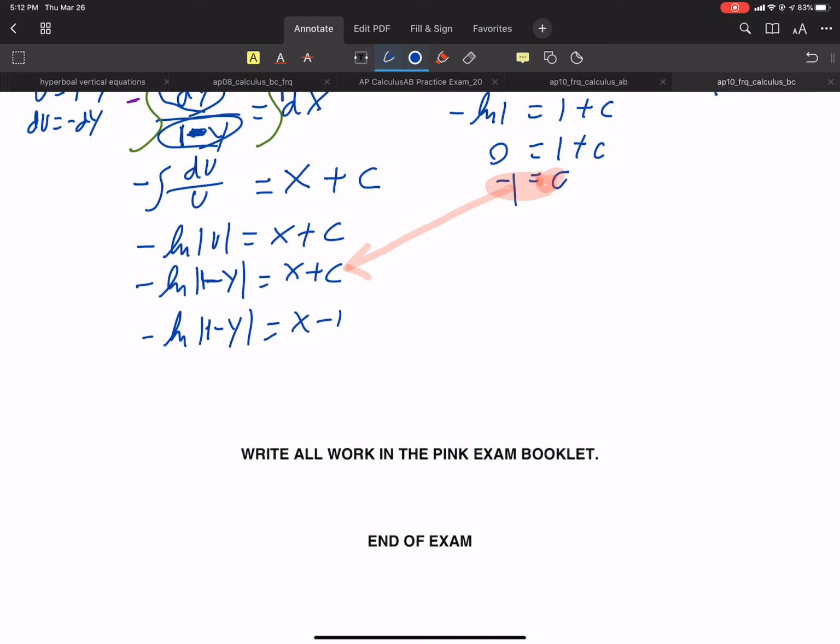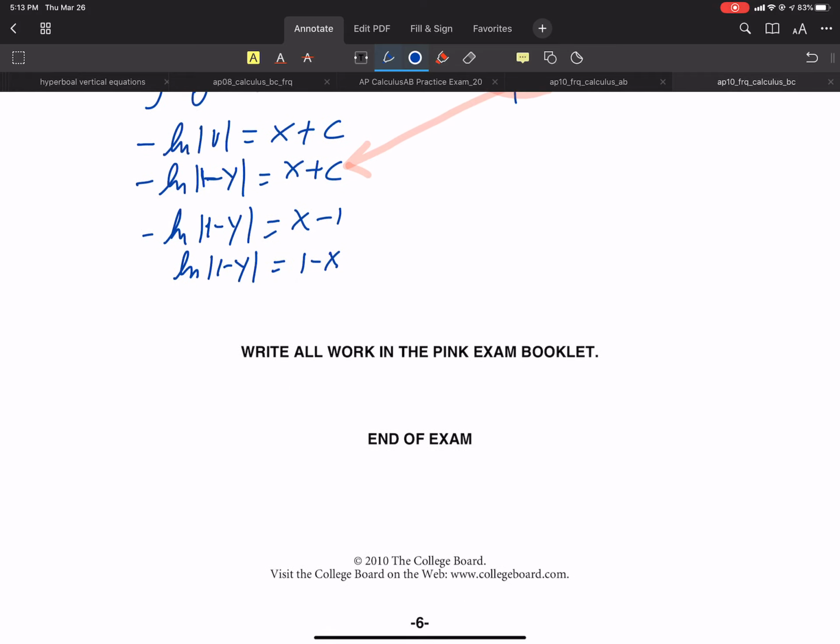Now we have to solve for y. So in this side, we can get rid of the ln if we use base e exponent, but that negative gets in the way. So we're going to multiply both sides by negative 1 first. And that's going to become 1 minus x on this side.